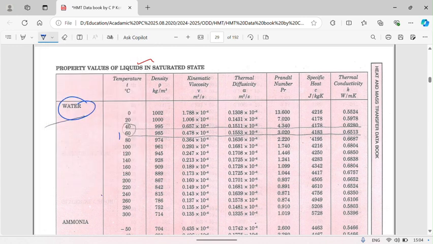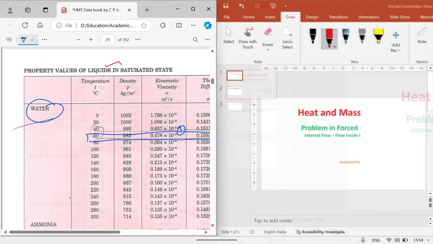For a forced convection problem, three important properties are considered: kinematic viscosity, Prandtl number, and thermal conductivity.